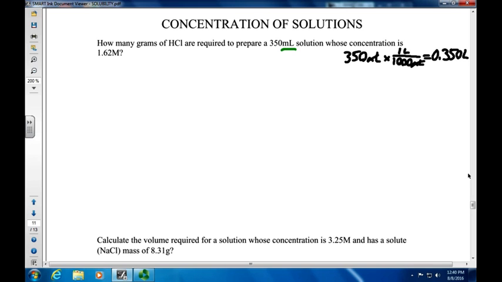So now we have a unit of volume that is reflective of liters, and we need to find out how many grams of hydrochloric acid are needed to prepare the solution of that volume with the desired molar concentration.